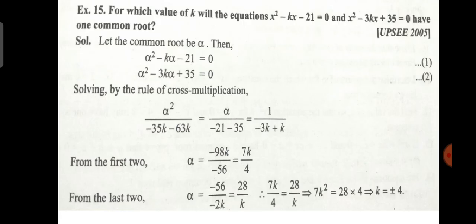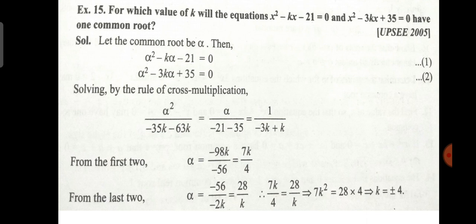What is b? Here b is 1 and c is 35, so that is taken as 1 into 35k, and there is minus, so minus k times 35 is minus 35k, and that rule should be known. Then alpha square by this, alpha by this, and 1 by minus 3k plus k.